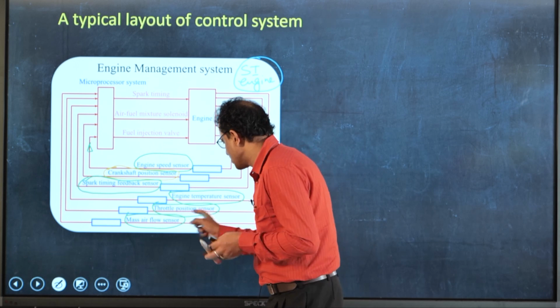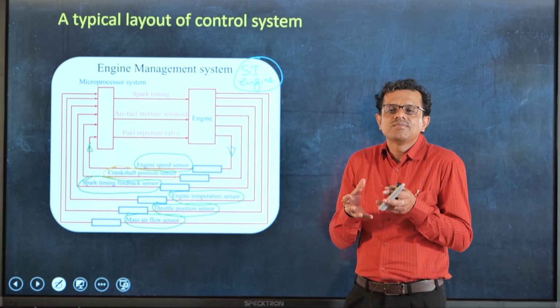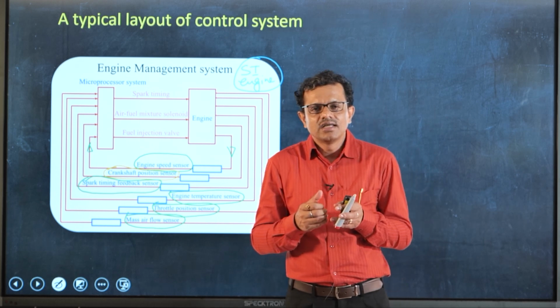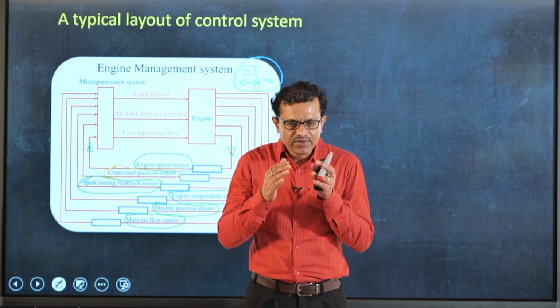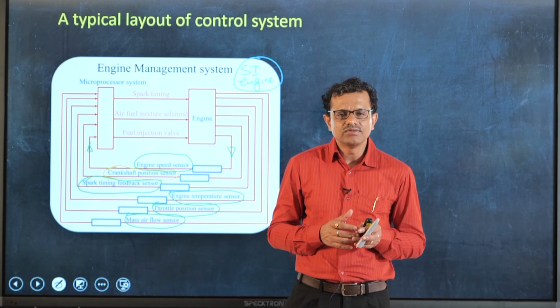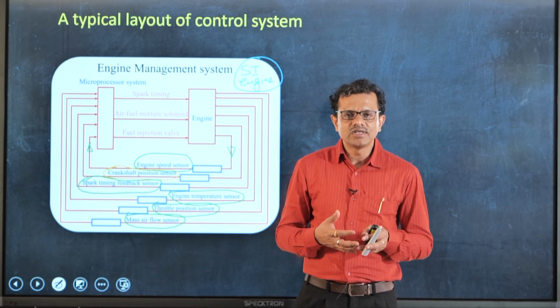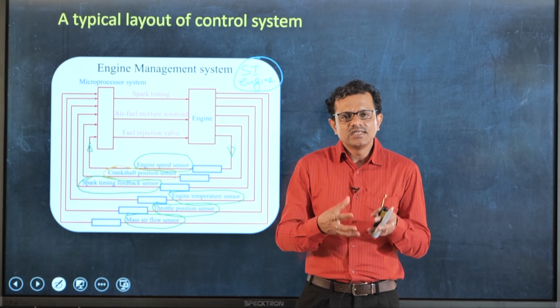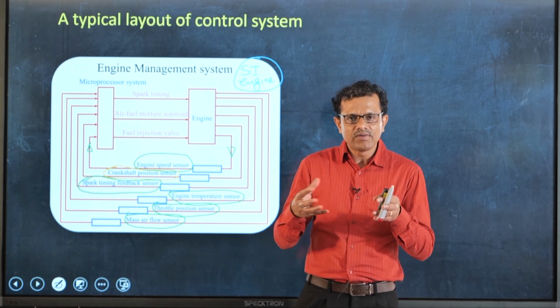Then the throttle position sensor is also very important to control the load. As I told you, say for example, the vehicle is running at 45 km per hour, so the engine is generating a certain amount of power.